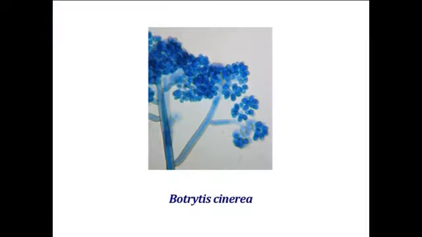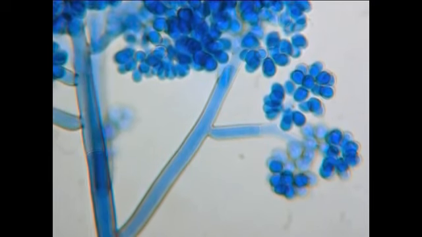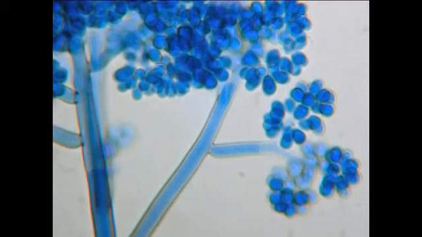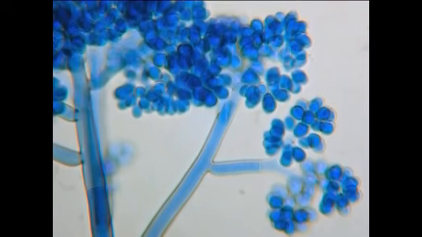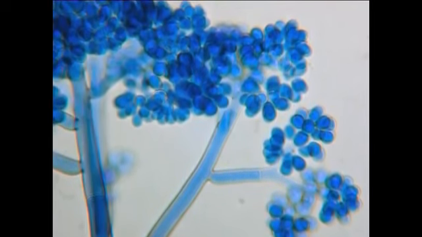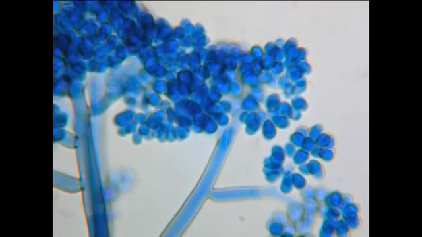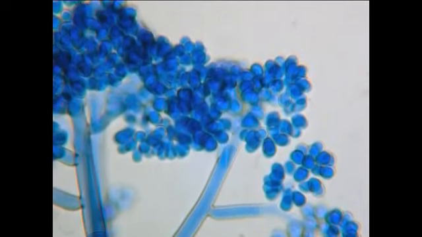Now let us see the character of this pathogen. The disease is caused by Botrytis cinerea. Mycelium is septate, produced on branched conidiophores, which are 2 mm or more in length and 16 to 30 micrometer thick, on which conidia of 6 to 18 by 4 to 11 micrometer size are formed.